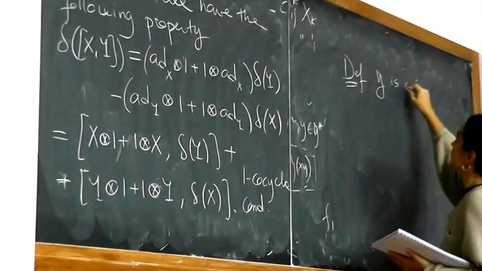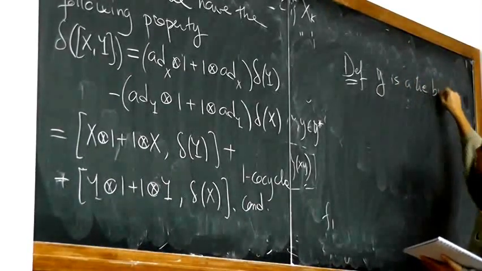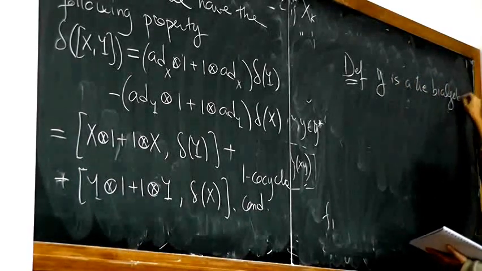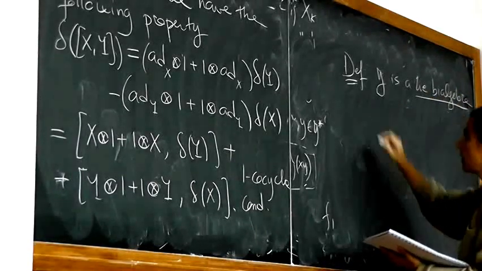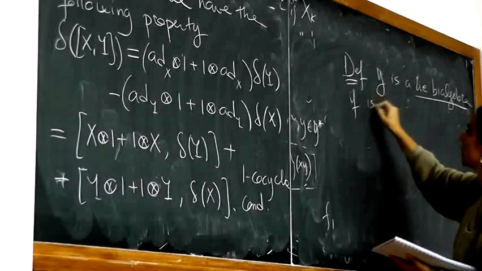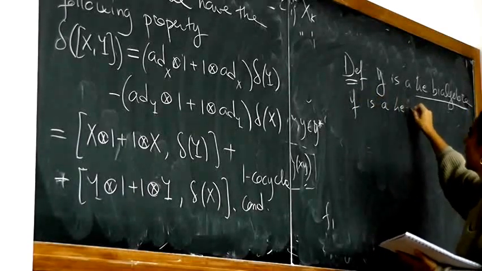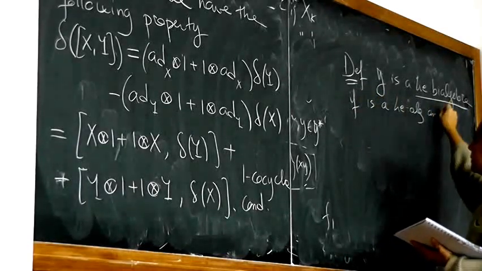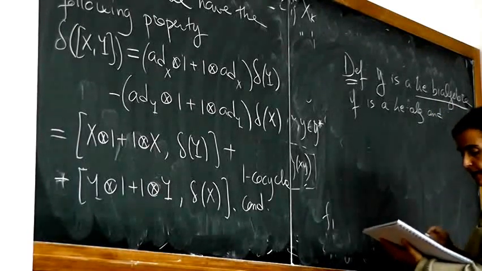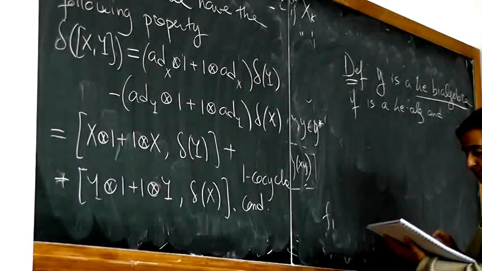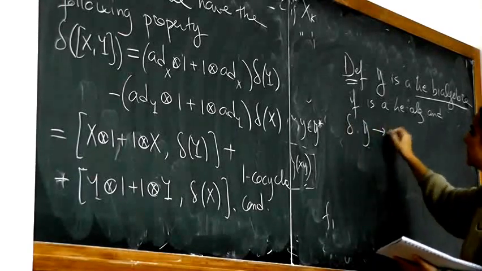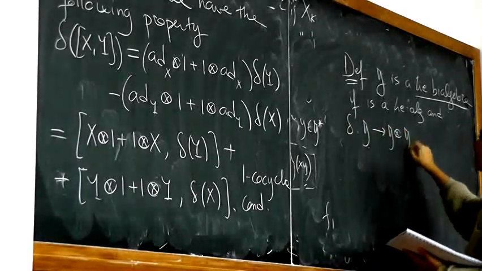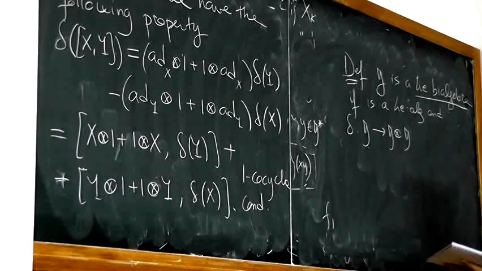G is a Lie bialgebra if G is a Lie algebra and we have defined delta with the cocycle condition.